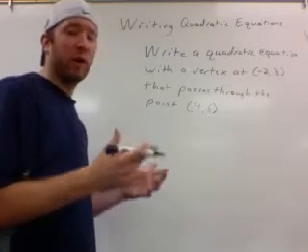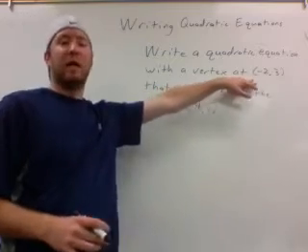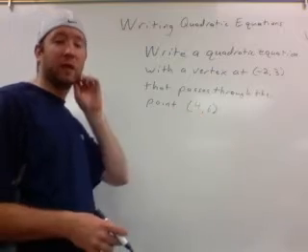So I want us to write a quadratic equation where I know the vertex is at -2, 3, and I know it passes through another point, 4, 6.